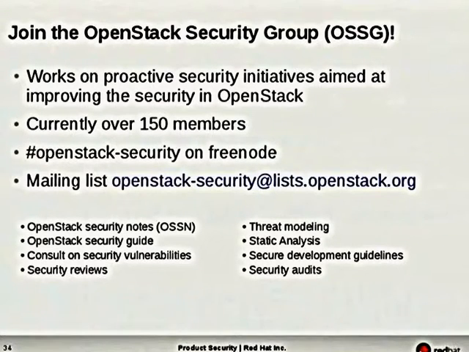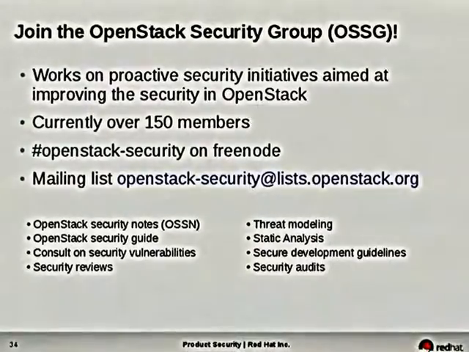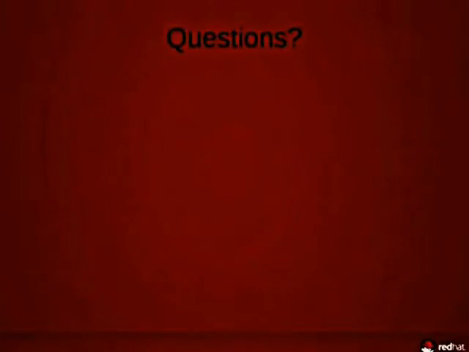So if you're interested in getting involved, there's the IRC channel and the mailing list. Just pop us a note, and there are heaps of cool, interesting security projects that are all Python based that you can get involved with. And that's it.